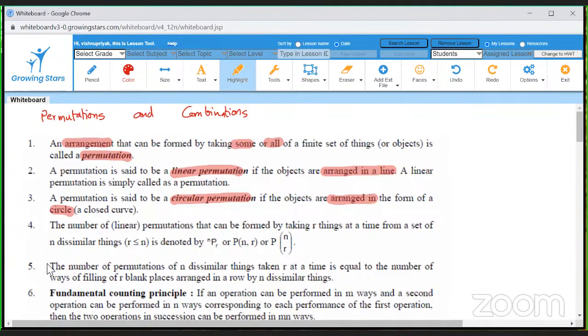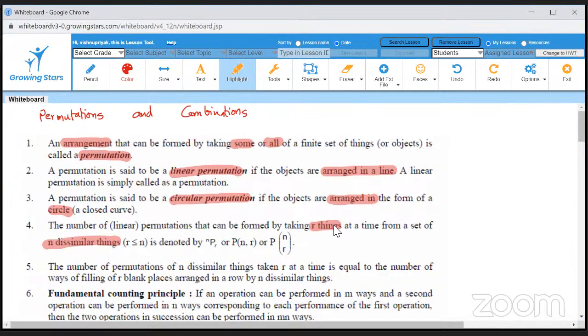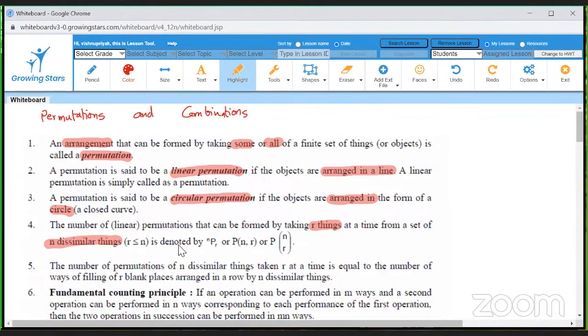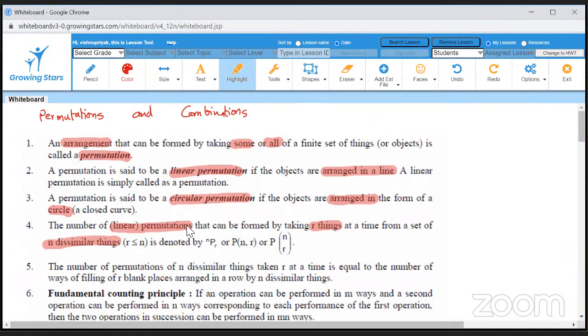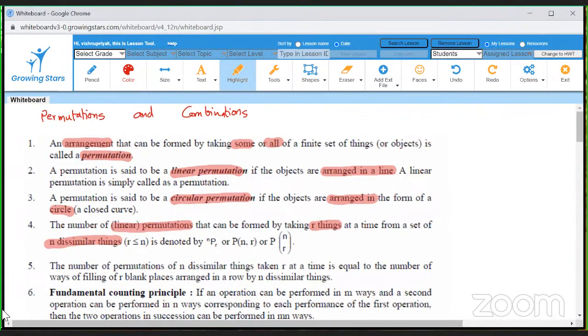So when you are arranging things, suppose in total you have n things and you are taking only r things. You are not taking all the things. You are taking only r things out of n things, and then you are taking linear permutation. You are arranging in a line. Then in how many ways can you arrange?